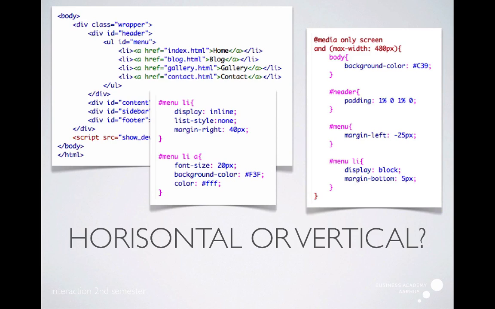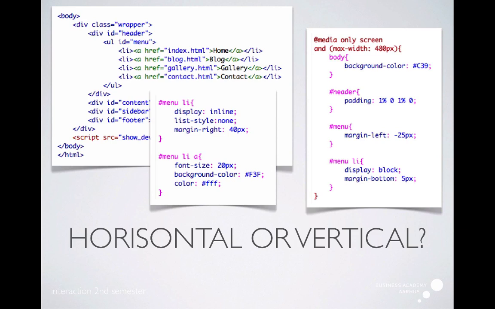And then when we arrive at the font size, that means below 480 pixels, something is changing. What is changing here is that we go from display inline to display block, as you can see in the last selector called hashmark menu li, and we give it a margin bottom at 5 pixels, so we have some space between the menu items vertically.